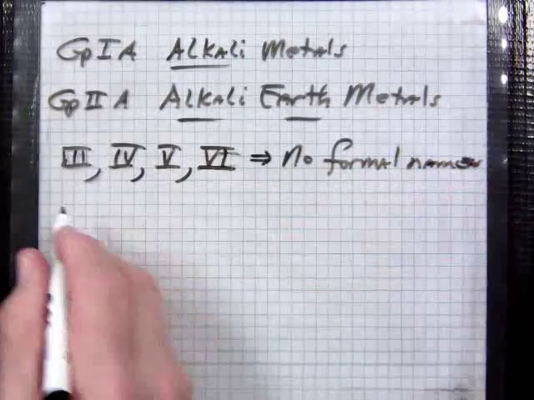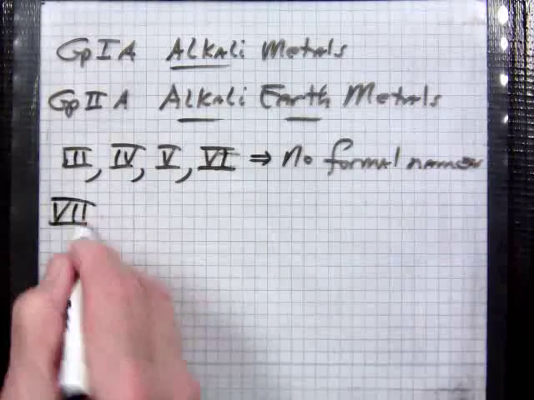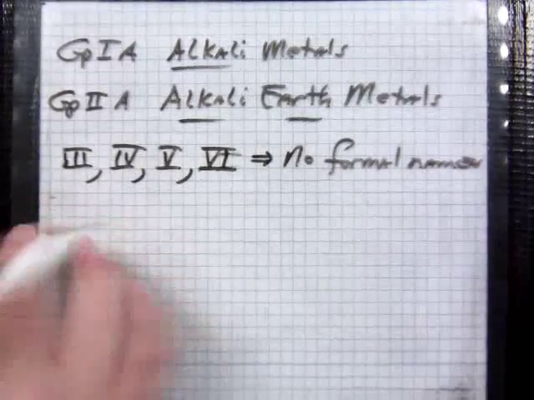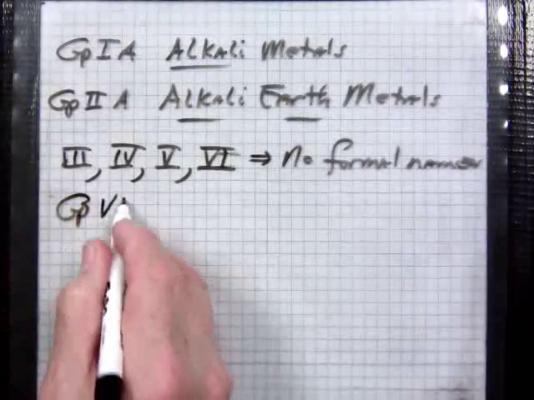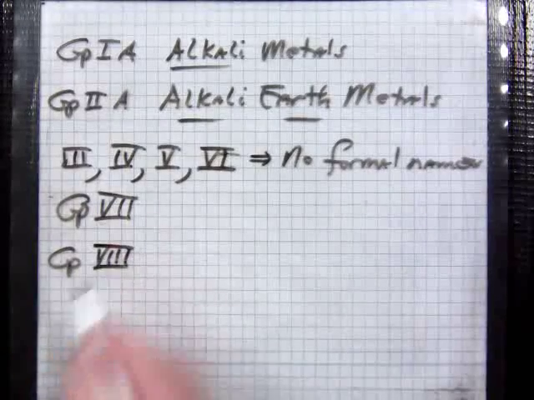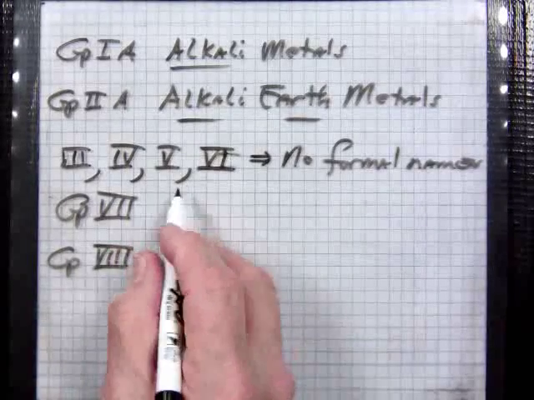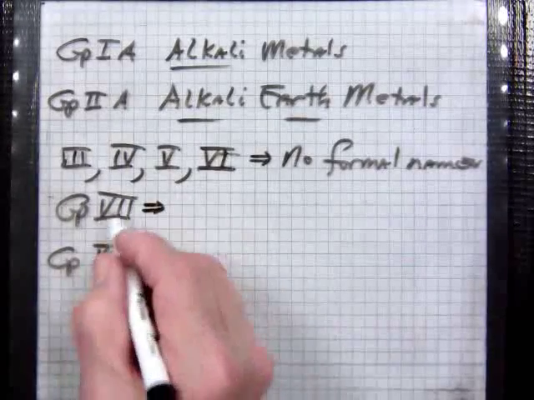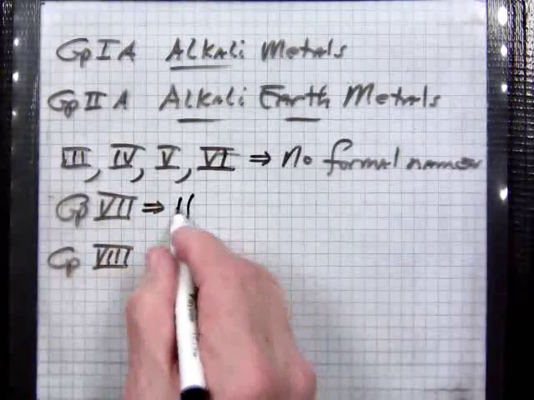But when you get to group 7, and I'm going to put GP on there just for show, 7 and group 8, we recognize those as having formal names. Very important name, especially group 7, are called the halogens collectively.